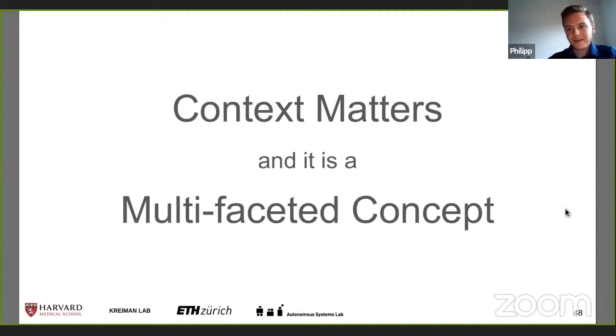And secondly, I hope I've broadened your understanding of this concept of context a bit. We have seen that it is a very multidimensional concept and that its impact can be quite heterogeneous on different model architectures.